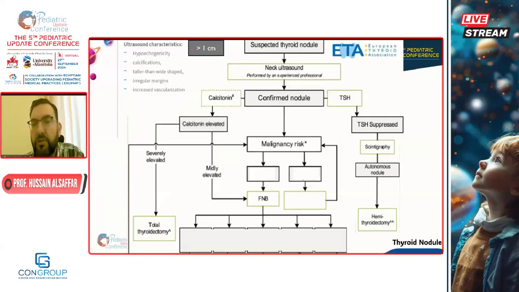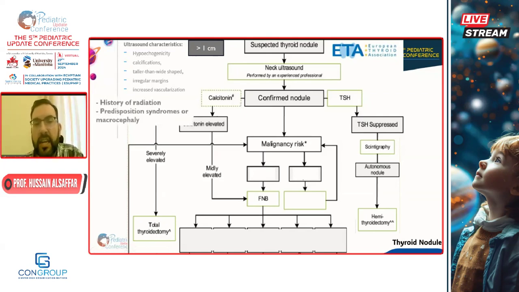Now, regardless of the rarity of these cases, whether it's an autonomous nodule or a suspicion of medullary thyroid carcinoma, in the majority we don't measure the calcitonin or the TSH. If we get a concerning nodule, we see if there is a malignancy risk. Malignancy risk includes the ultrasound characteristics that we mentioned earlier.